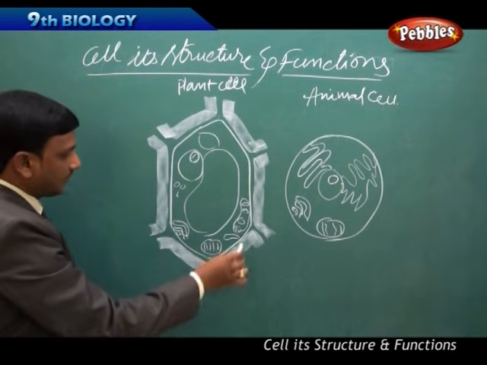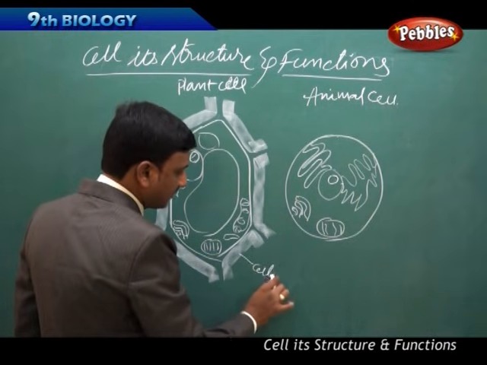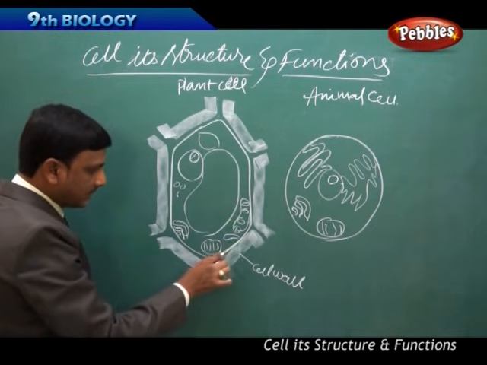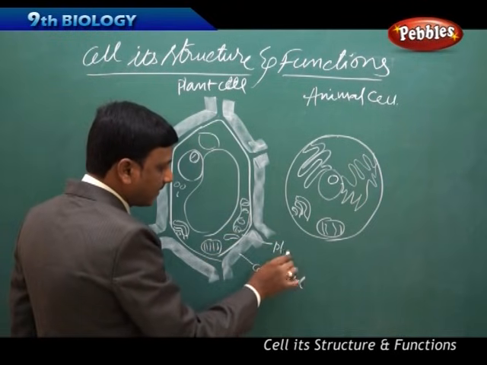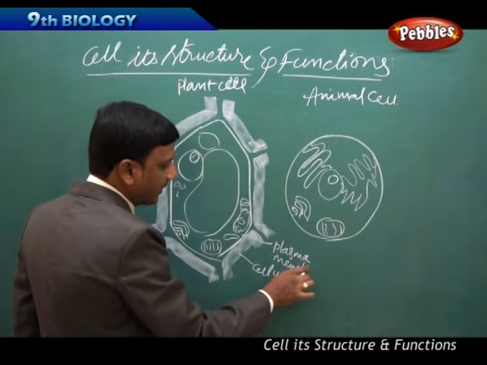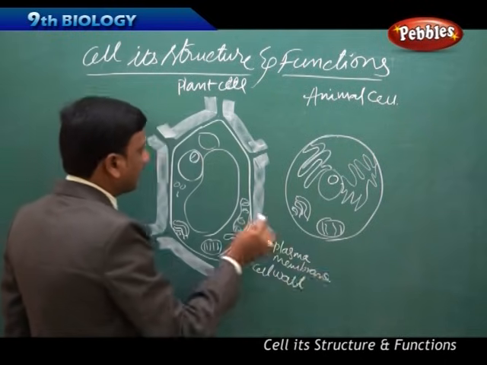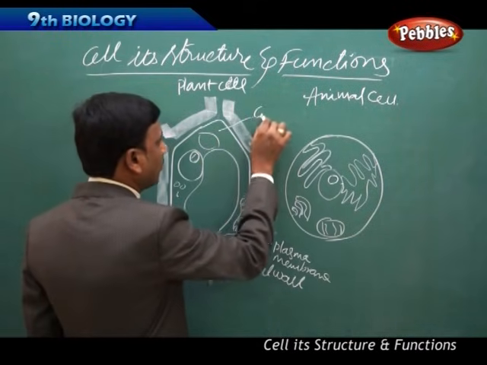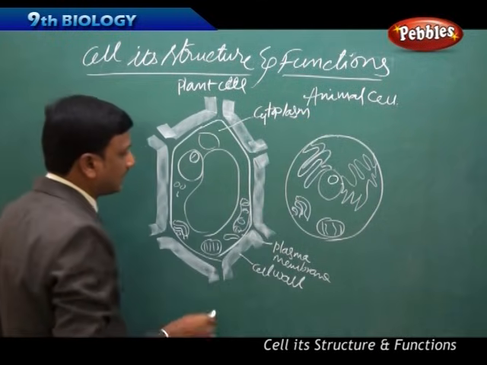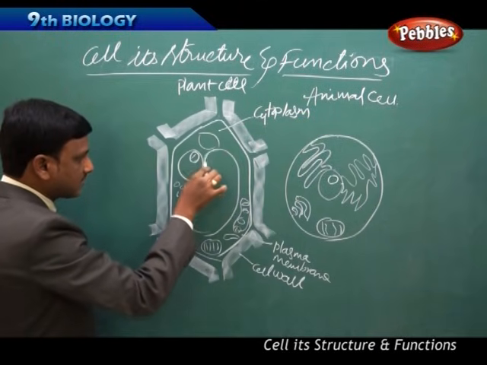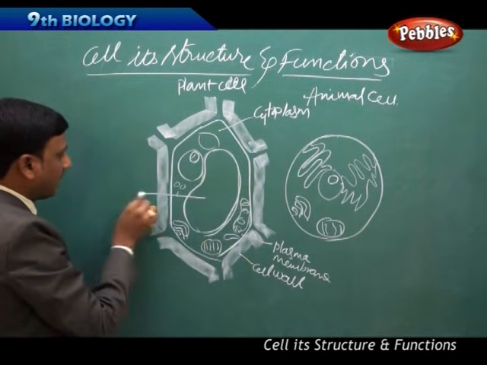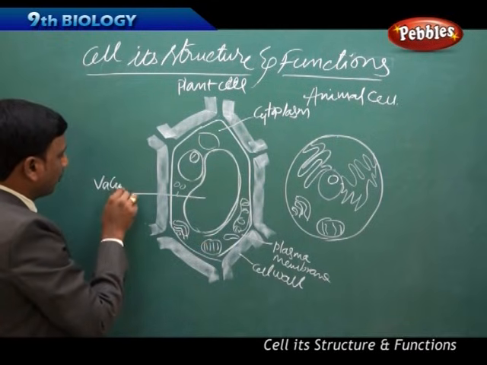The plant cell has a thick cell wall, and inside the cell wall there is a thin membrane, the plasma membrane or cell membrane, and inside it has cytoplasm. And at the center, most of the space of the cell is occupied by a vacuole.